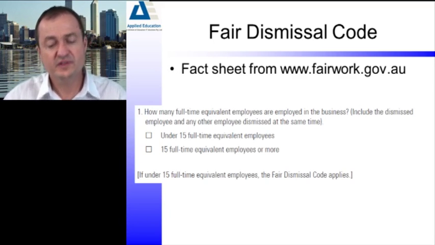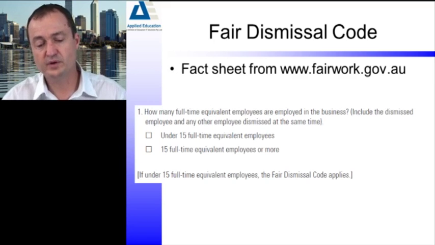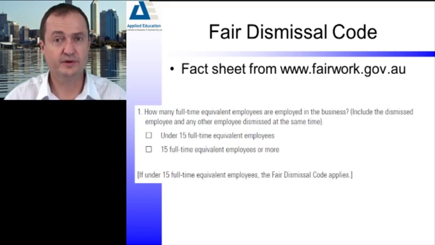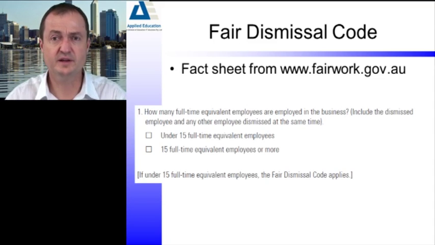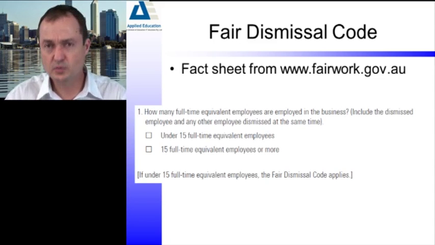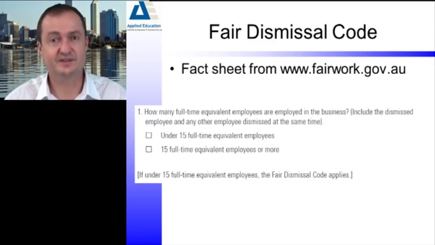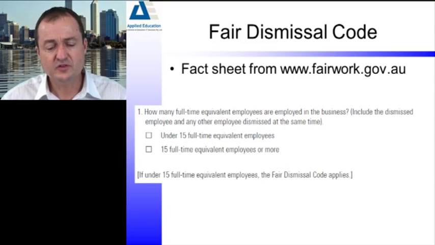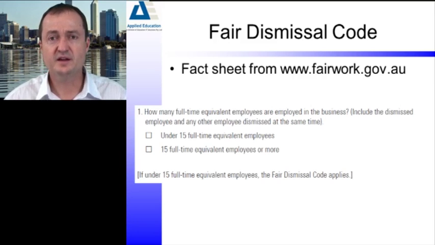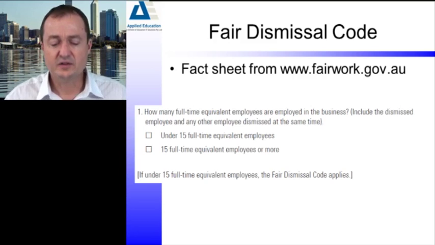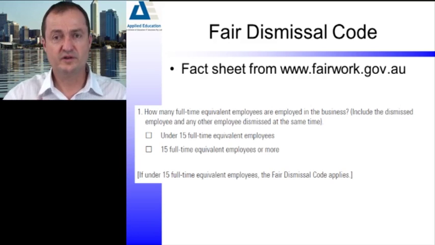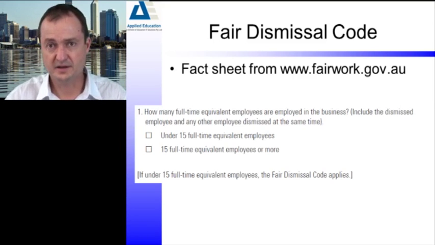Actually this code only applies to small business employers, namely if you are employing fewer than 15 employees, but it is worth looking at across the board regardless of the number of employees that you employ. But in terms of what is fair and unfair dismissal, there are certain circumstances where it is fair to dismiss somebody immediately.